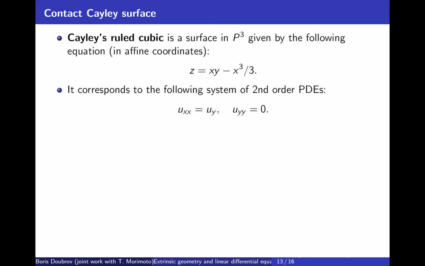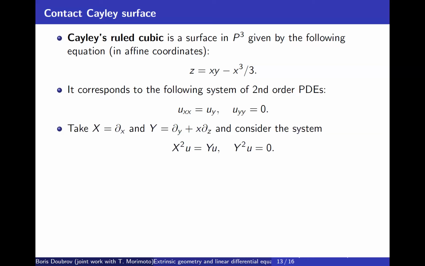So submaximal means with the submaximal dimension of a symmetry algebra. So the most symmetric is the hyperbolic paraboloid, and it possesses six-dimensional symmetry. And this one is the next one. It possesses only three symmetries, and all other hyperbolic surfaces in P3 have at most two symmetries.